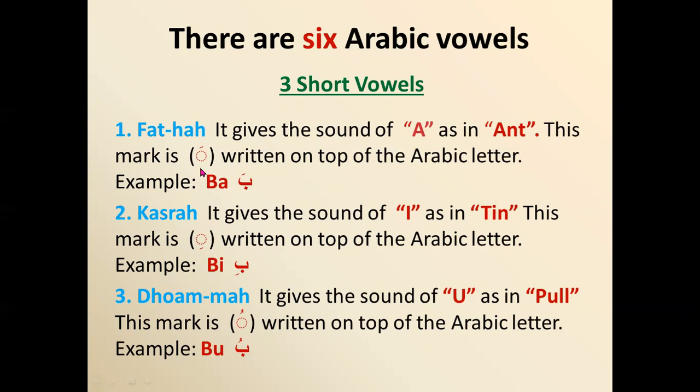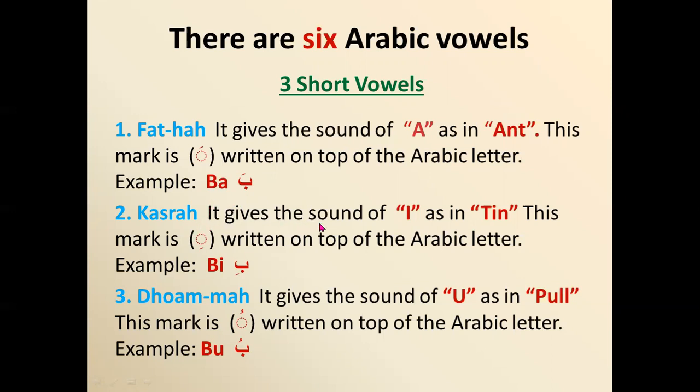And the mark is written on top of the Arabic letters. For example, we have here Ba. So you see letter Ba, and we added Fatha on top. Then we read this as Ba.